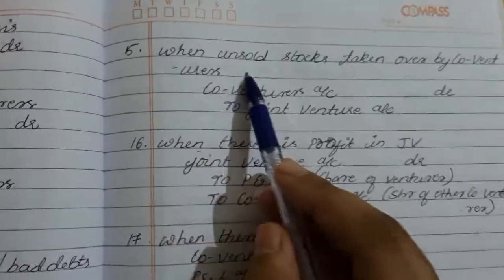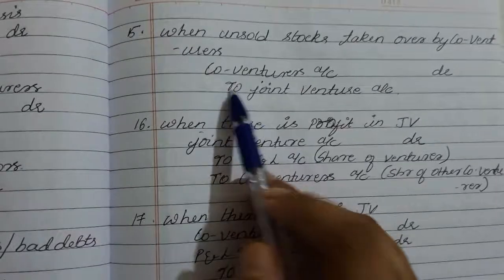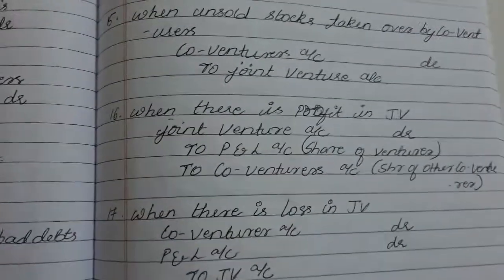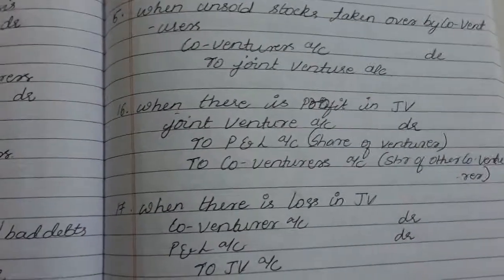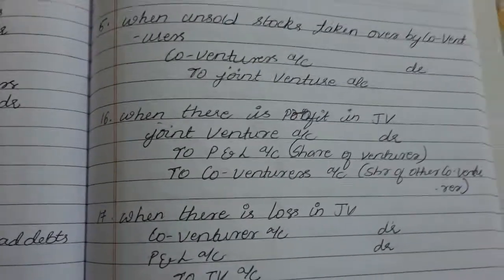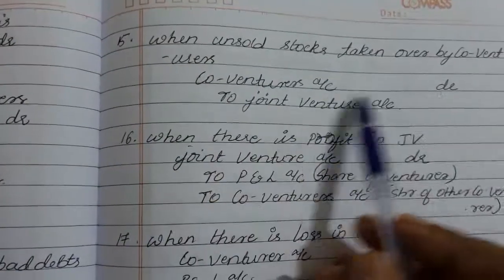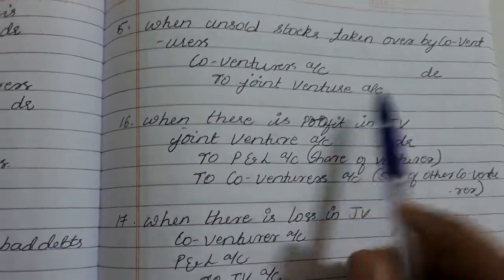When unsold stock is taken over by the co-venturers, if the co-venturer decides to take any remaining stock, after selling some goods there might be some remaining stock. If the co-venturer decides to take that remaining stock, what will be the entry? Co-venturer's account debit to joint venture account.